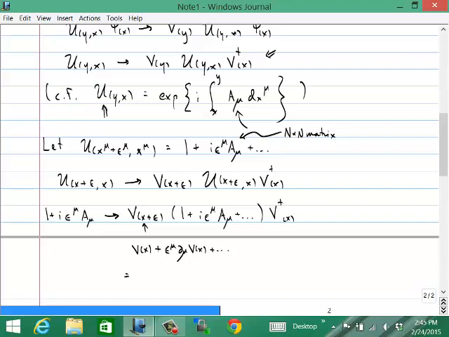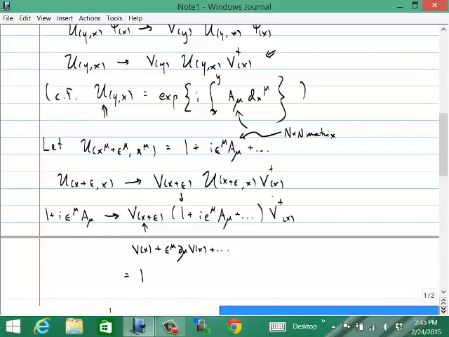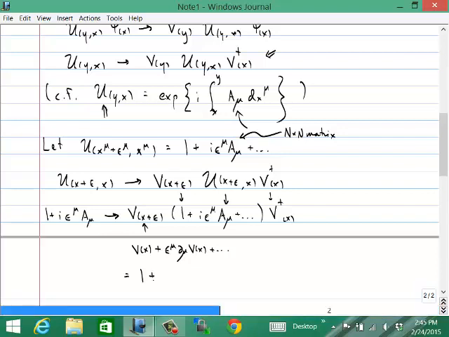Well, you get 1 coming from V of x times this 1 times V of x dagger, which is just 1. Then you get a term linear in ε coming from here, so that's plus V of x, let's write that as i ε^μ, V of x A_μ V of x dagger.